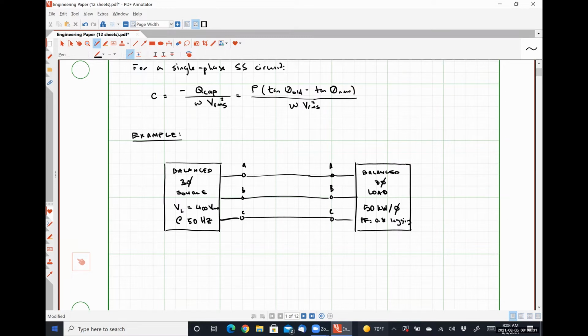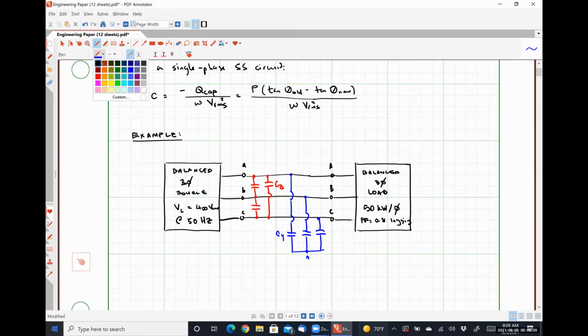Okay. And we want to know the value of the capacitors in both a delta connected capacitor bank, we'll call these guys C delta, and the values in a Y connected capacitor bank that would correct the power factor to 97.5%.